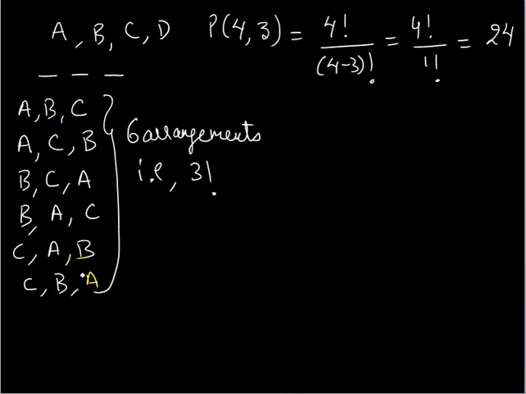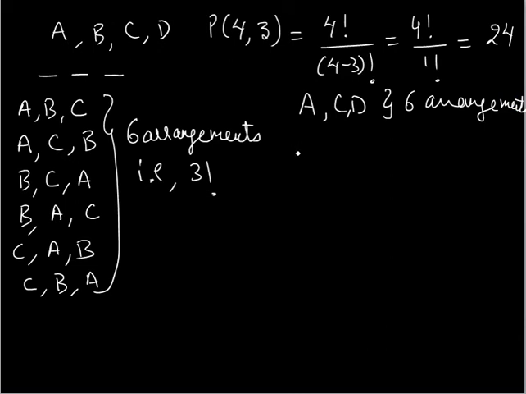But these are not the only 3 people who can be made to sit here. We can have another set of 3 people. What can they be? Maybe the 3 people are A, C and D. For them also 6 possible arrangements are there. And can we have another set of 3 people?